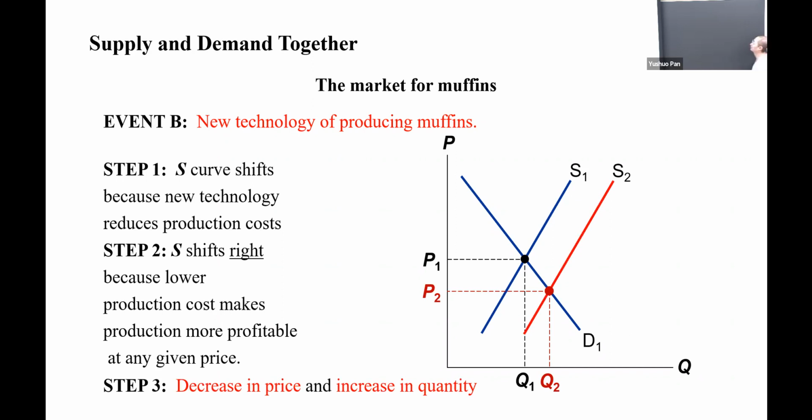The technology is kind of the same as the input price, right? The input price gets cheaper, then the suppliers are going to supply more, shifting to the right, but it doesn't influence the demand curve. With the new equilibrium, P decreases, but Q increases.